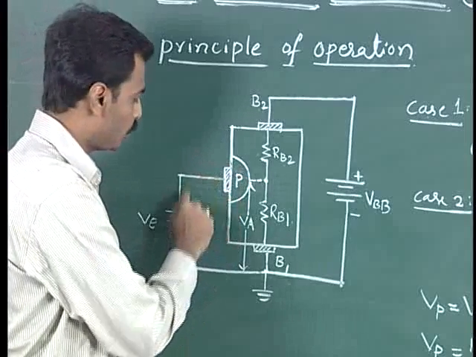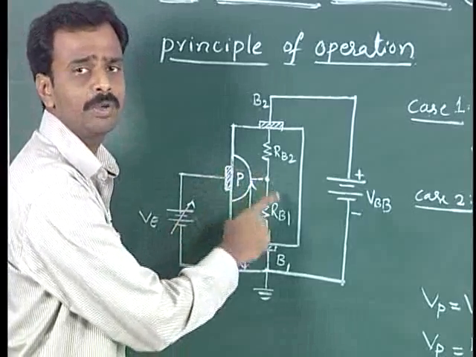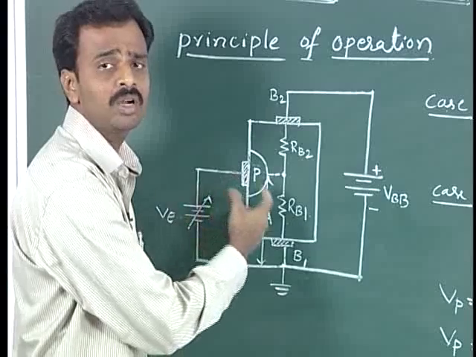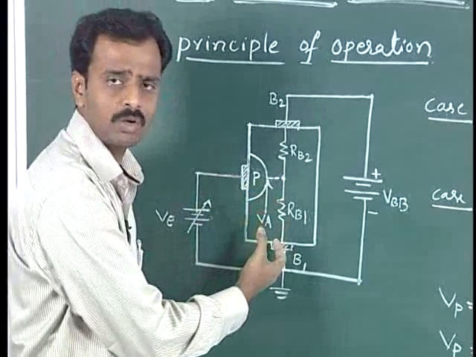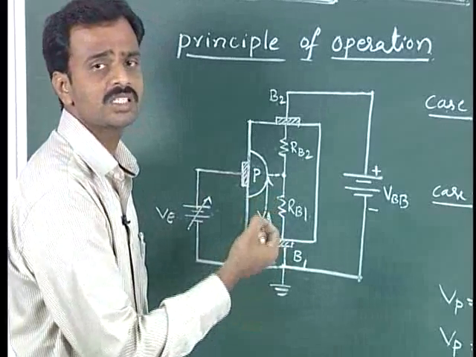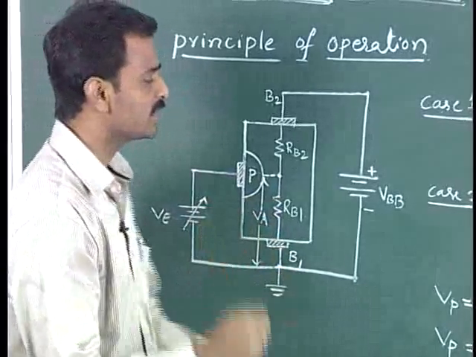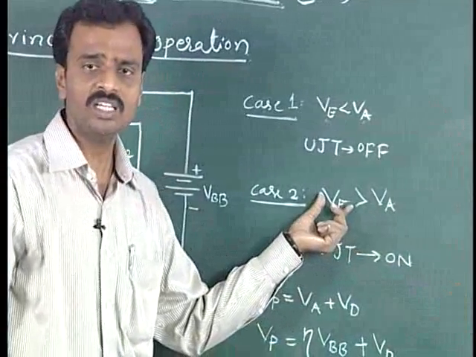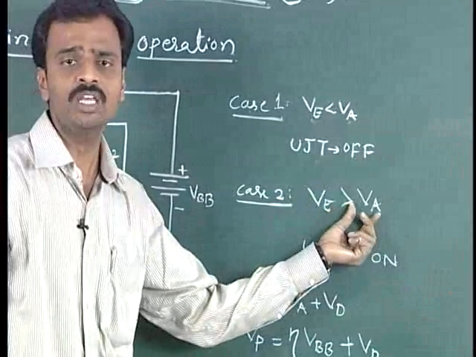Then the input voltage will be higher than the output voltage, so the diode will be in the forward state and automatically conducts. Then the UJT starts conducting, and we can say that the UJT is in the on state as long as VE is maintained more than VA.